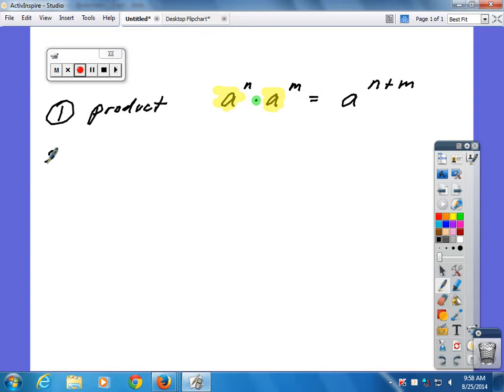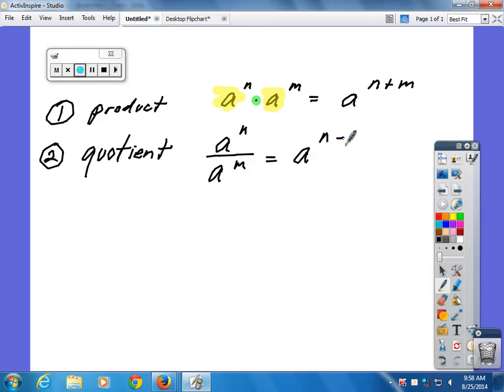All right, that's your first rule that you should remember. The second rule is the conjugate to the product rule, which is the quotient rule. And the quotient rule says a to the n over a to the m is equal to a to the n minus m. Take your highlighter. If you have bases and you are dividing them, then what can you do with the exponents?